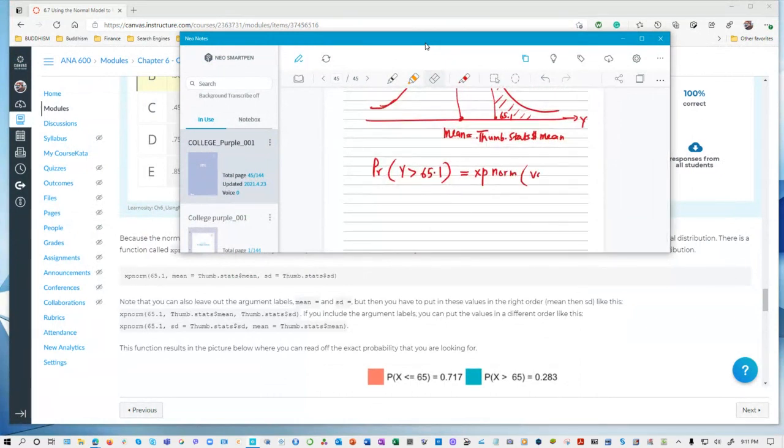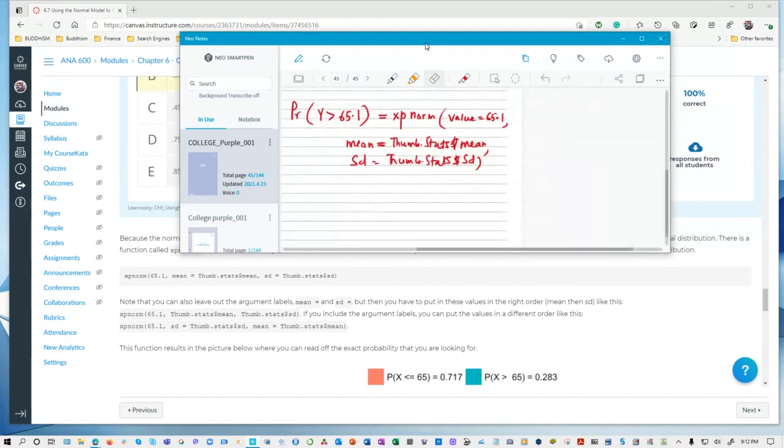You put the value, which is 65.1, then you give the mean, thumb_stats$mean, and the SD, thumb_stats$sd.